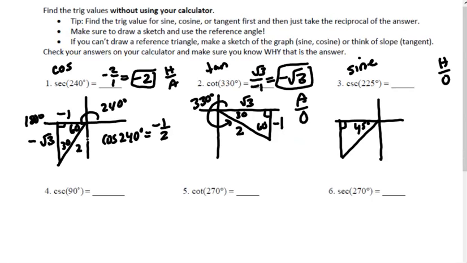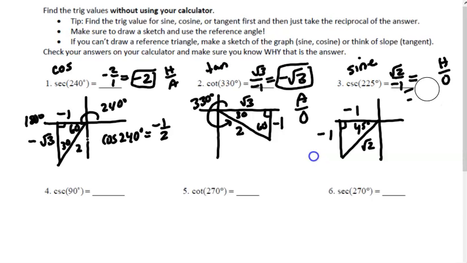That means my two sides are 1, 1, and my hypotenuse is square root of 2. Both of my opposite and my adjacent sides are negative because I'm in quadrant 3. Now, instead of doing opposite over hypotenuse, negative 1 over square root of 2, I'm going to do hypotenuse over opposite, which is square root of 2 over negative 1, or negative square root of 2.